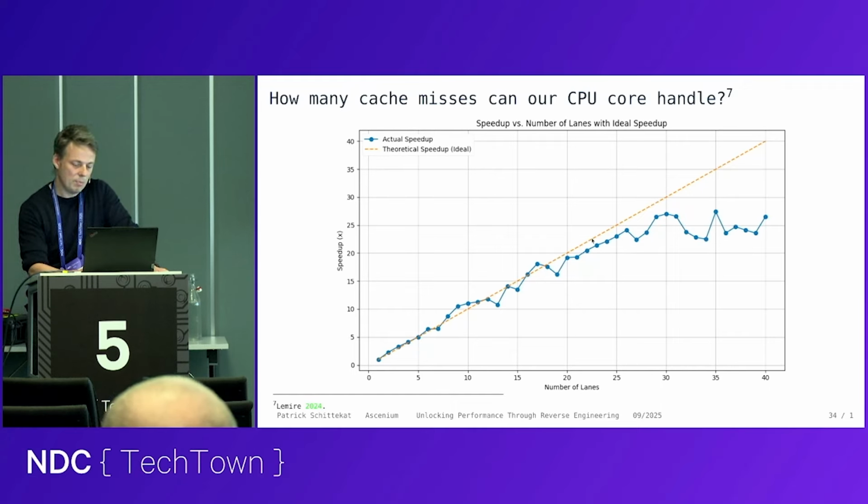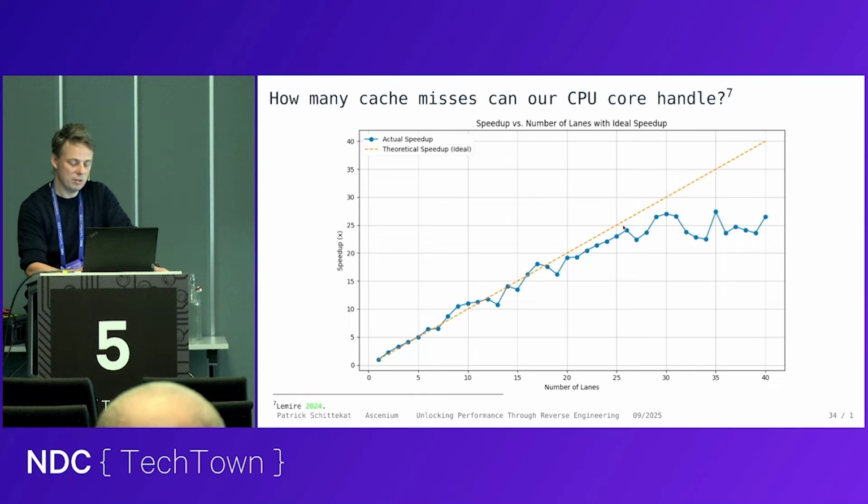So if they can keep on overlapping, then you would expect this orange line to just go over it, and we can have 35 cache misses, no problem. They're just overlapping. It takes a bit more time, etc. So here in the beginning, you see it follows the theoretical speedup, when there is perfect overlapping of these cache misses.